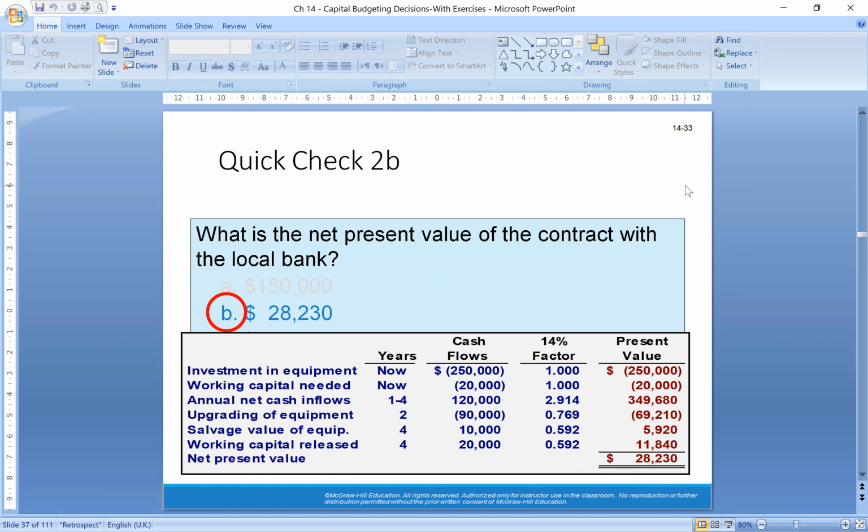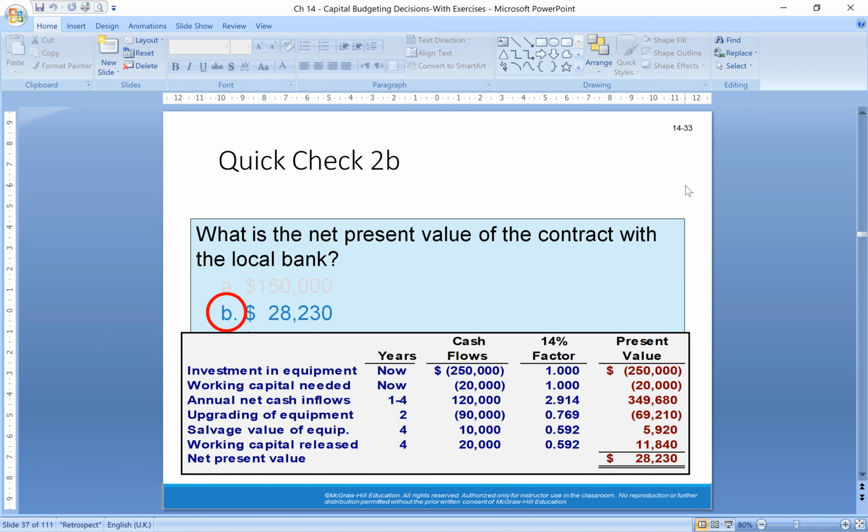The working capital released will come back after 4 years. Again, the 20 will come back, so we need the factor after 4 years, and it is 11,840, which is 20 multiplied by 0.59. We have a net present value of 28,230.